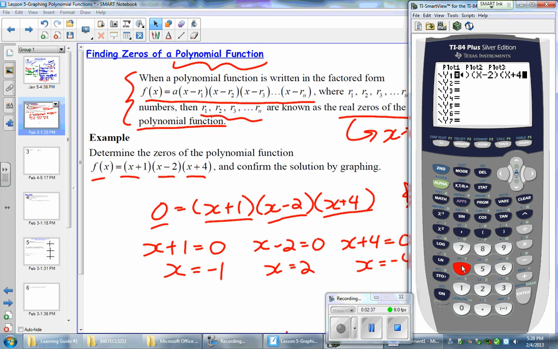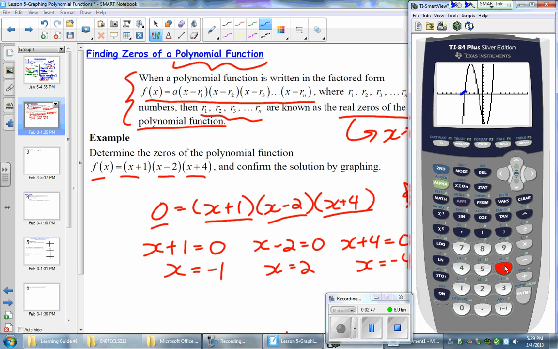Okay, so if I was to plug this into my calculator and I went with a Zoom standard fit, I get a function that looks like this. So as you can see, we have 3 different zeros, and you can easily solve for them.